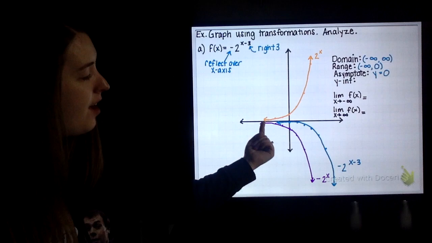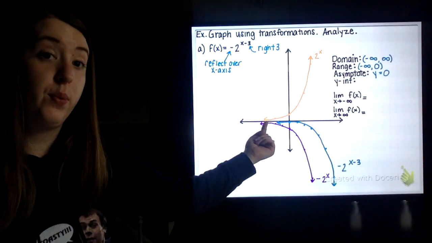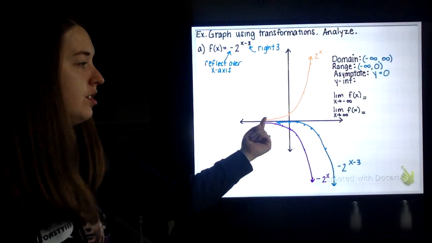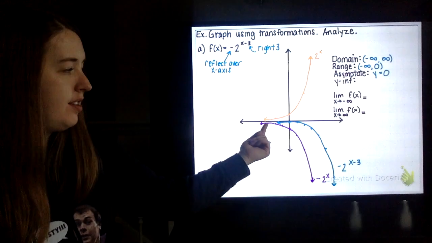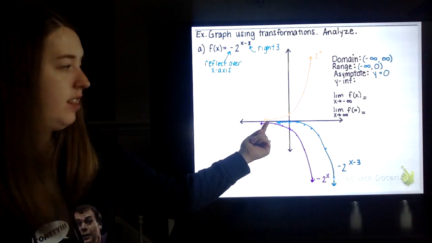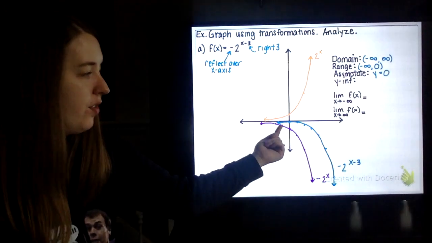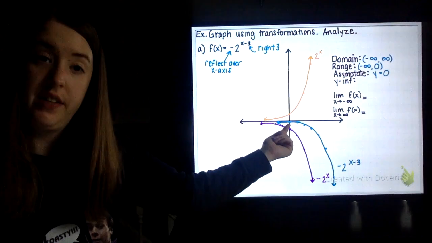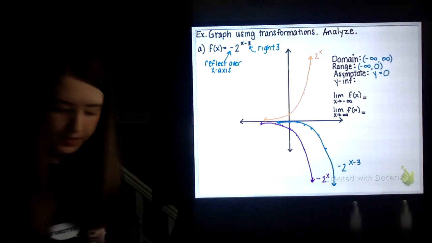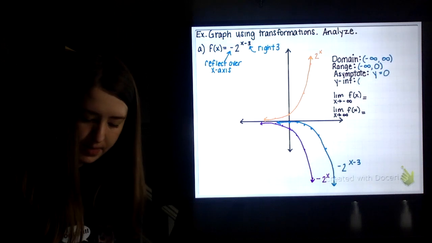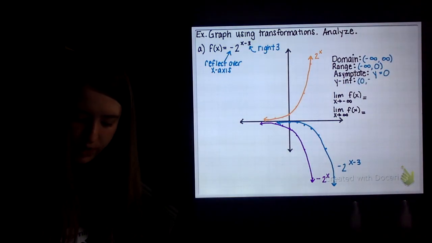Now, I did have a point here at negative 3, 1/8. So that got reflected over, so now this guy's at negative 1/8. And then he got shifted over 3. So now he's chilling there being our y-intercept. So our y-intercept is going to be at 0, negative 1/8.